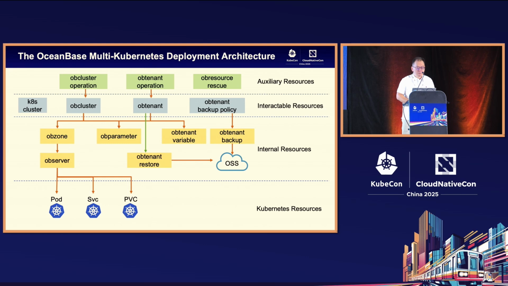And finally, OB server, which manages the pods, storage, and services for each data node. The operator takes care of syncing changes across resources and making sure everything stays in sync at the Kubernetes level.